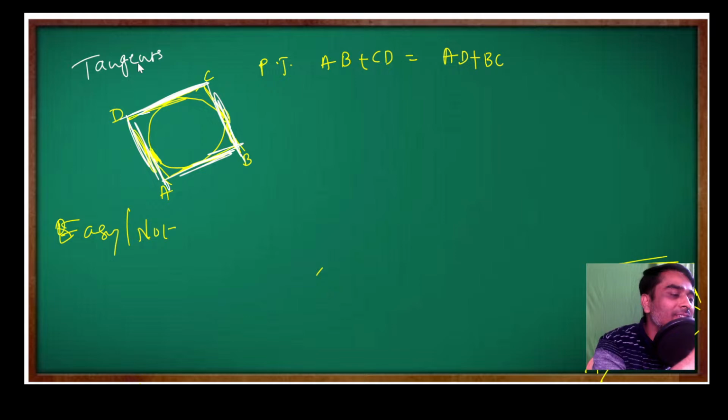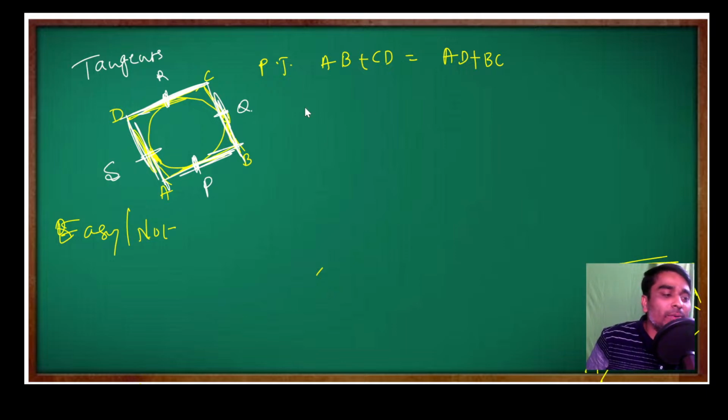Yes sir, easy. Okay Nisarga, easy. Yes, tangents drawn from an external point are equal. Let's name these points P, Q, R and S, like this.